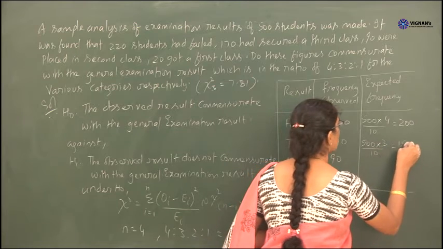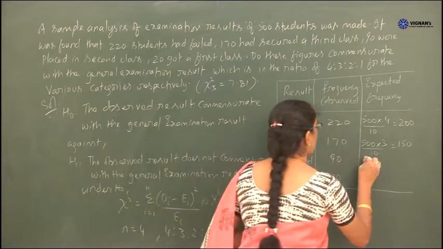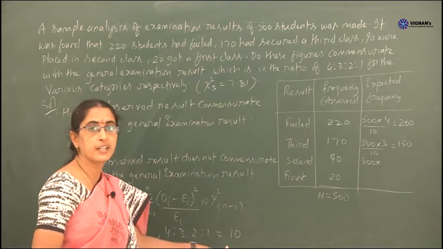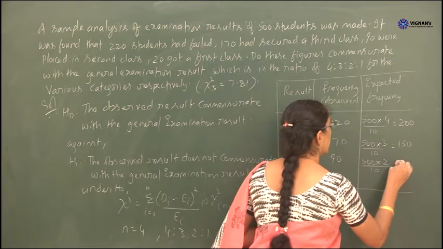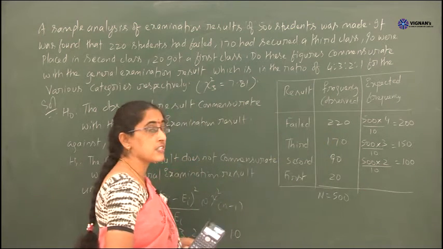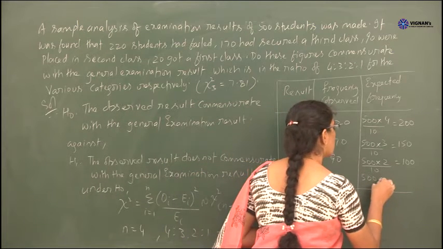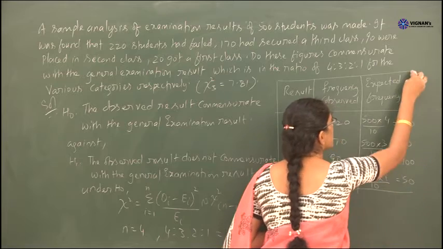So this is equal to 150. Then second class is here 500 into 2 divided by total ratio 10, which is here 100. Then finally the first class is categorized into the ratio 1. So 500 into 1 divided by 10 is equal to here 50.